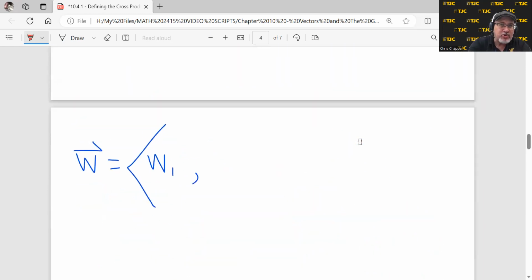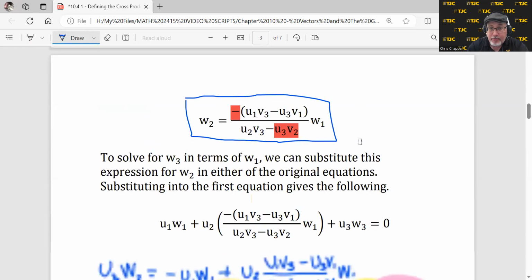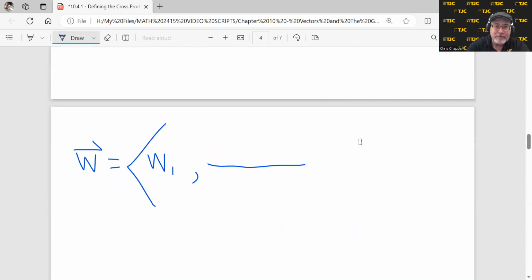The top's going to start with U3 V1. And I don't have to scroll back up to look because I know from experience that these subtraction problems basically just switch subscripts. U3 V1 and then U1 V3.